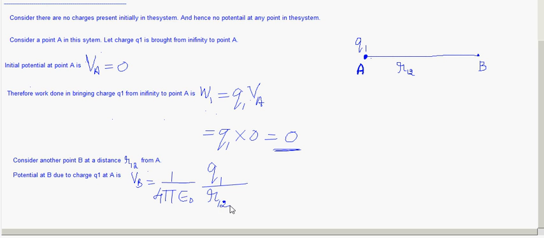Now if I want to bring a charge q2 from infinity to point B, the work done will be given by q2 into V_B.